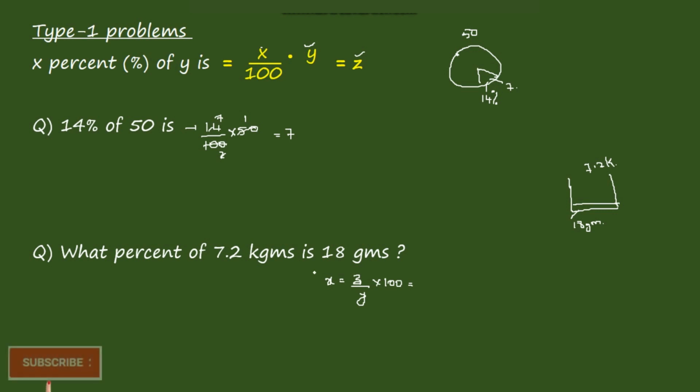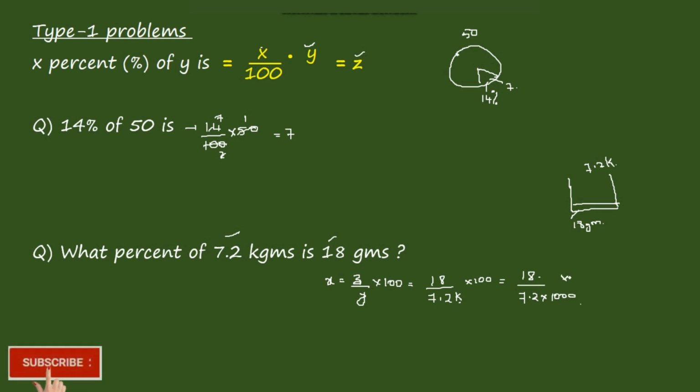Here z is 18 grams, and y is 7.2 kilograms. It becomes 18 by 7.2 kilograms into 100. 1 kilogram is equal to 1000 grams, so it becomes 18 by 7.2 into 1000. You have gram here, and here also gram.